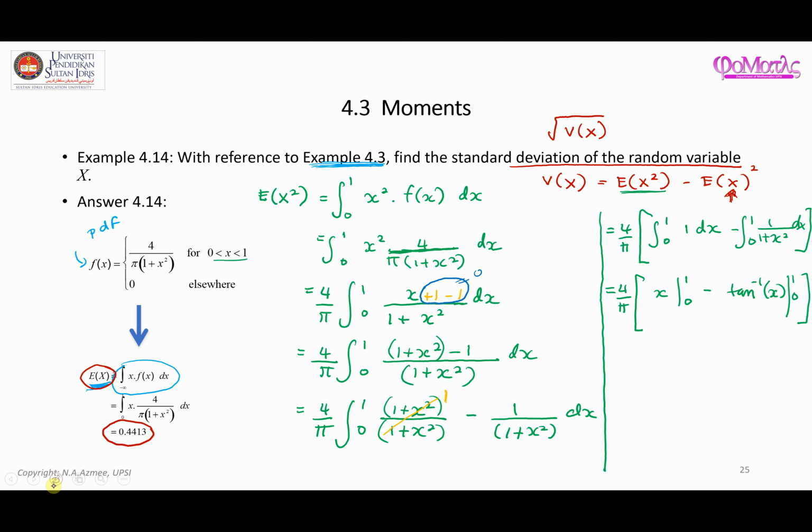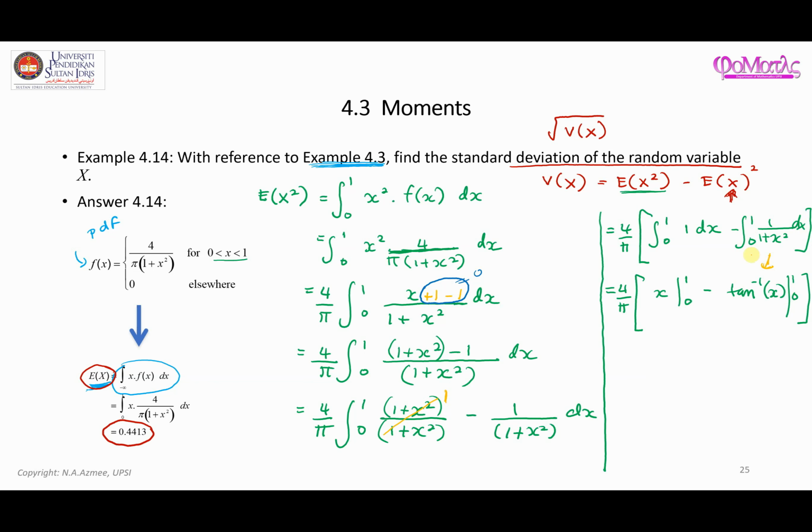Now this part, where you get from this integral to this result, might not be obvious to some of you. So I'm going to come up with another video that explains how we get from this to this.